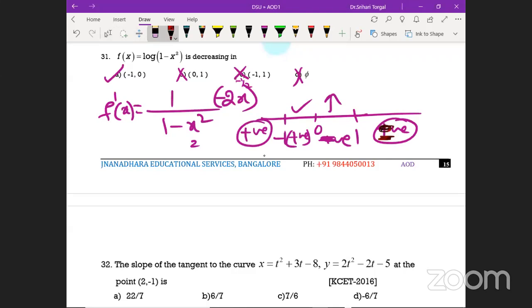Yes, I think I have to change my option now, right? Because it is minus 2x after differentiation. Correct. Thank you, Srinivas. So it is positive what we are getting here and negative in this interval. They are asking decreasing, that is 0 to 1. 0 to 1 is the answer. Option B.